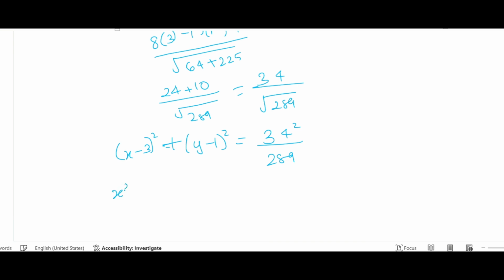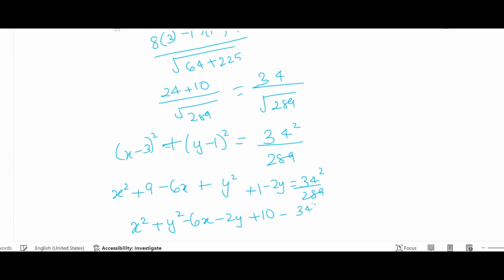So now if you solve this, it's x square plus 9 minus 6x plus y square plus 1 minus 2y is equal to 34 square upon 289. Simplify this and you will get x square plus y square minus 6x minus 2y plus 10 minus 34 square upon 289. You can solve this on your own.